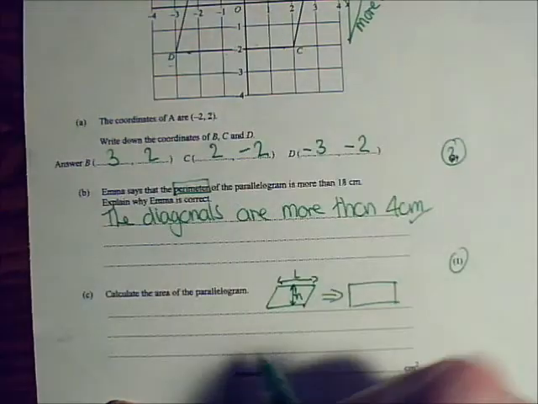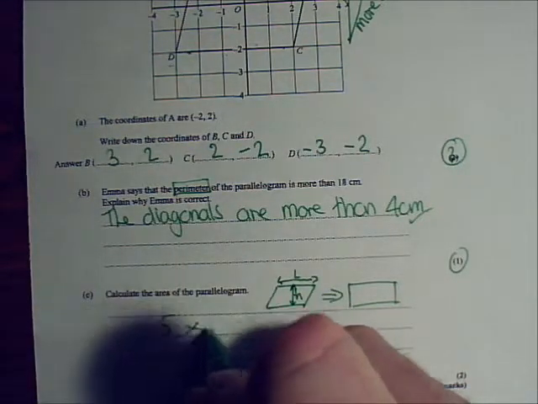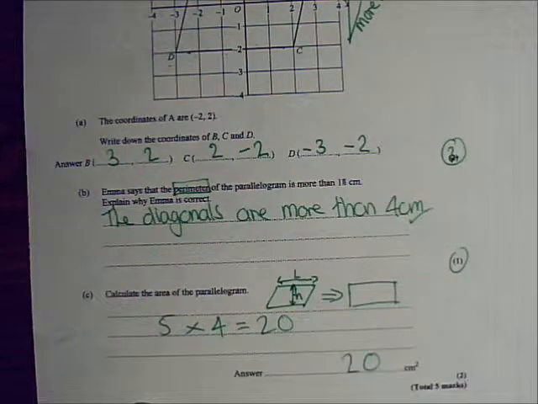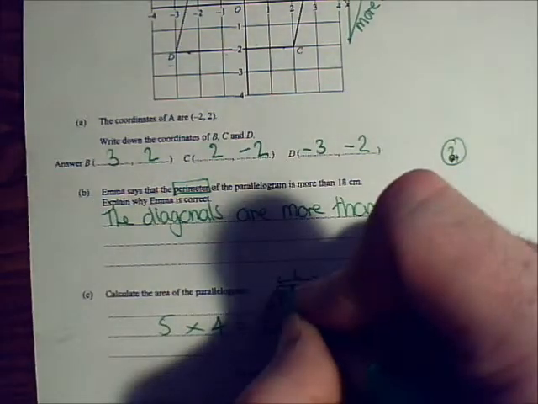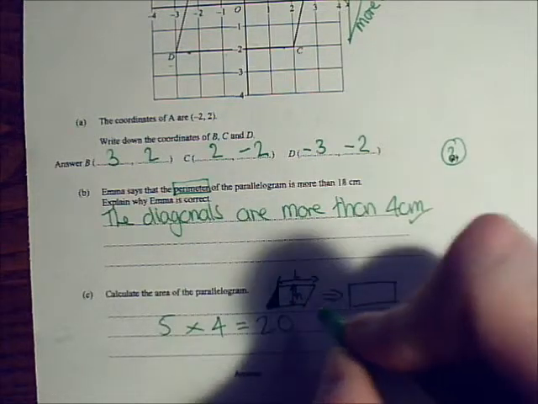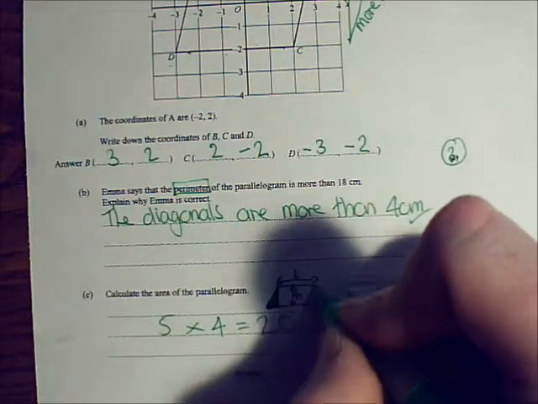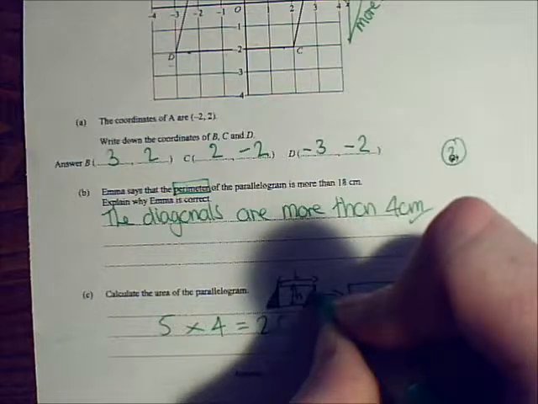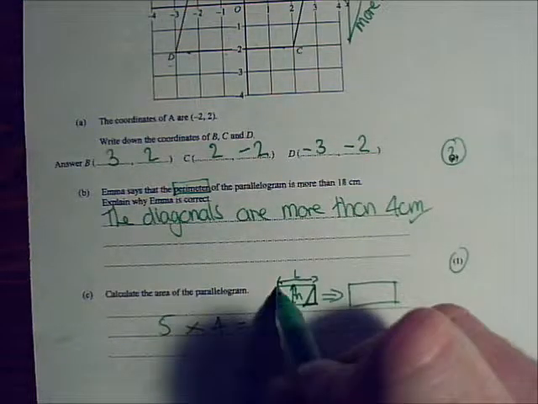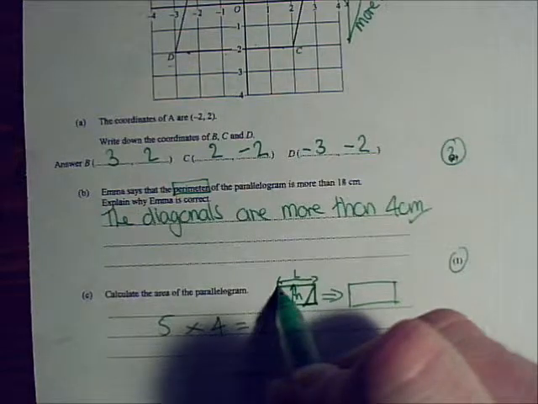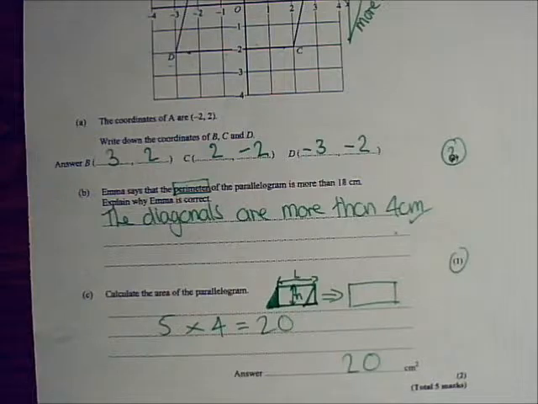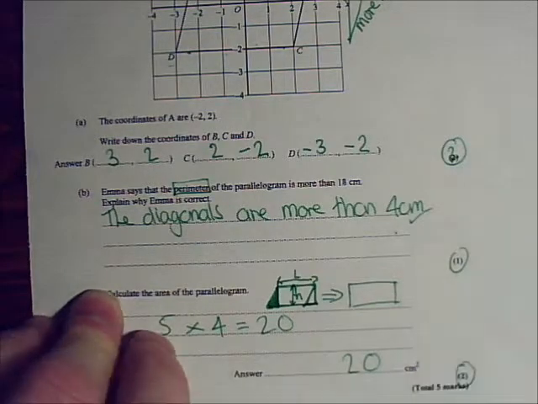So for our parallelogram up here, it's 5 long and it's 4 high, which means the area is 20 centimetres squared. Just to show you how that works, that triangle there is exactly the same as the bit that's missing here. So if we were to cut that off and put it here, we'd end up with a rectangle. Area of a parallelogram, exactly the same as the area of a rectangle. 2 marks.